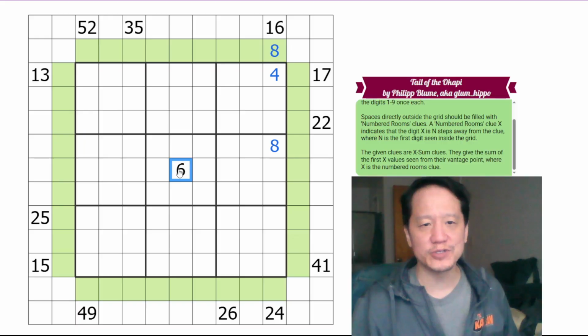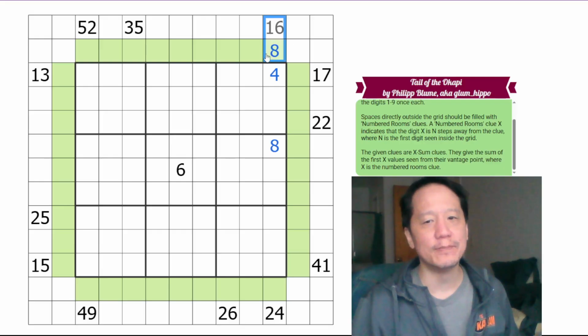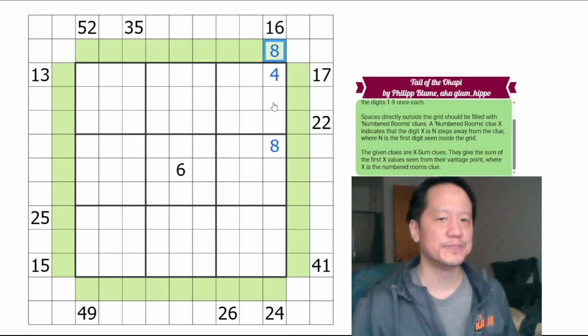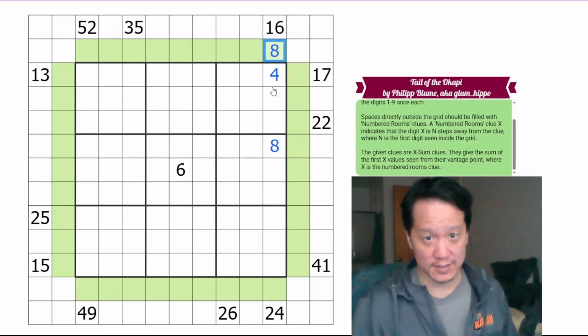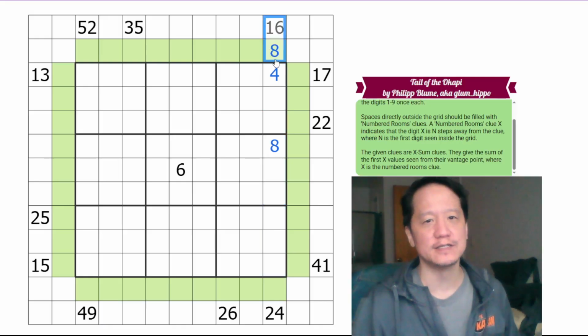So basically, outside of the 6 that's given in the center of the box, the given numbers outside the grid are X-sum clues, where X is the numbered rooms clue. It's the first digit seen in the direction of the grid, but not in the grid itself, because it's the numbered room clue.